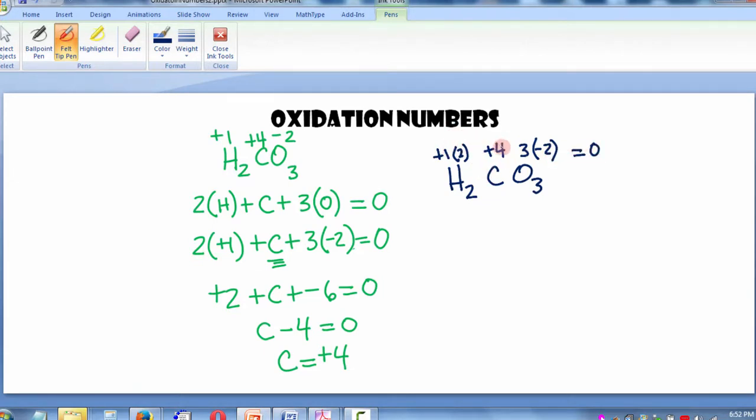Well, we have 4 plus 2 hydrogens at an oxidation state of +1 each gives us 2. So that's 4 plus 2 gives us 6, plus a -6 equals 0. So the oxidation state that we assigned for carbon was correct.